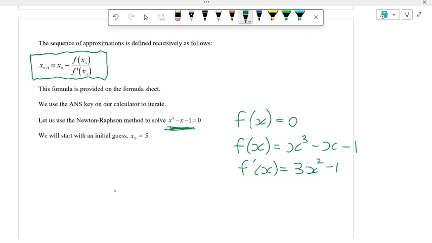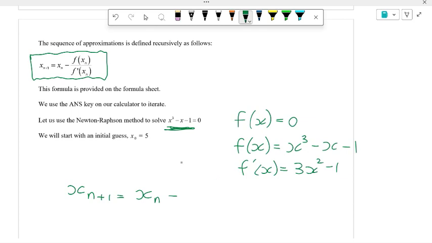So for this particular question, our recursive formula, it's called a recursive formula, is as follows. We're going to work out xn plus 1 by taking xn minus our function evaluated at xn, which means we're going to put xn into the function.